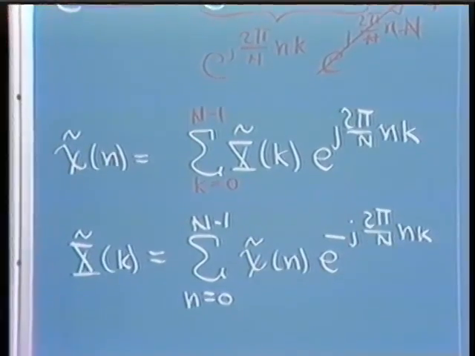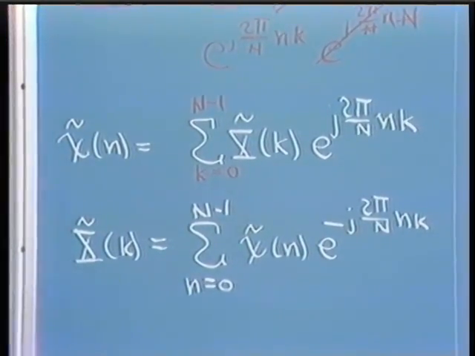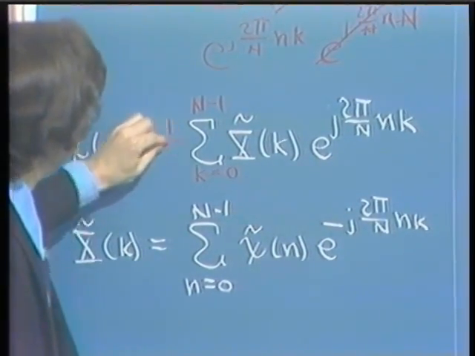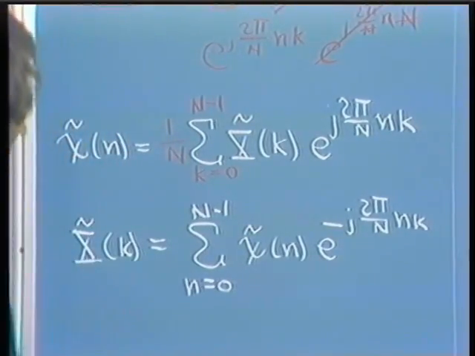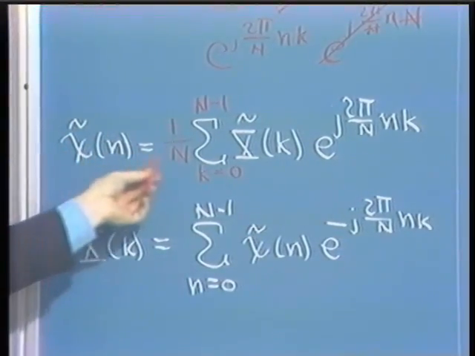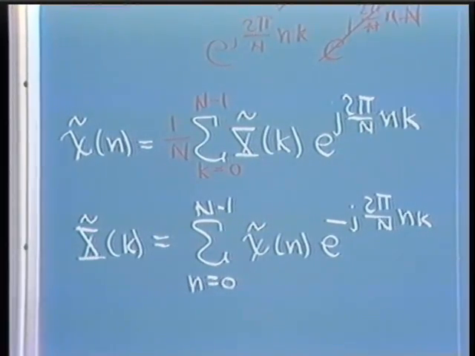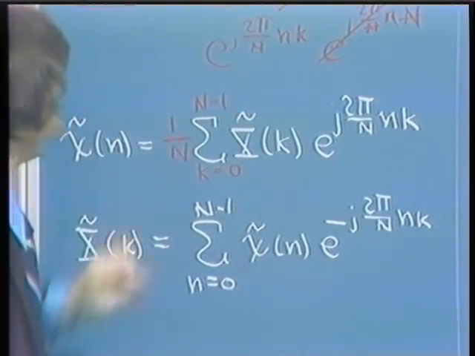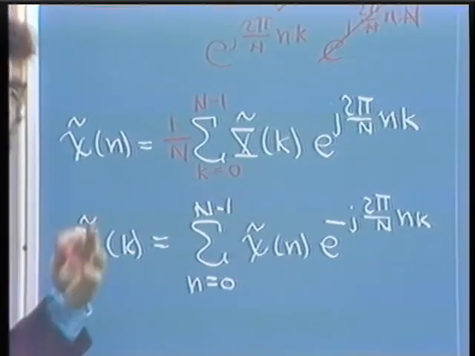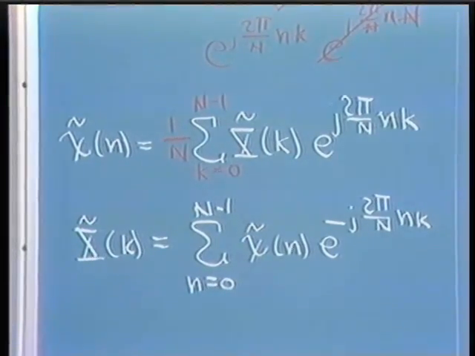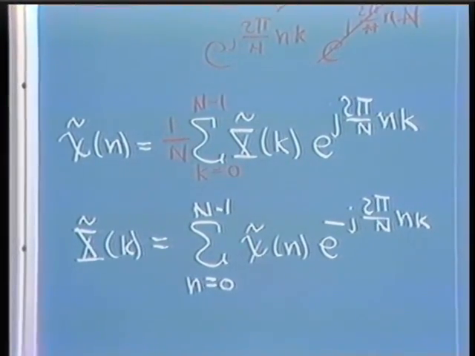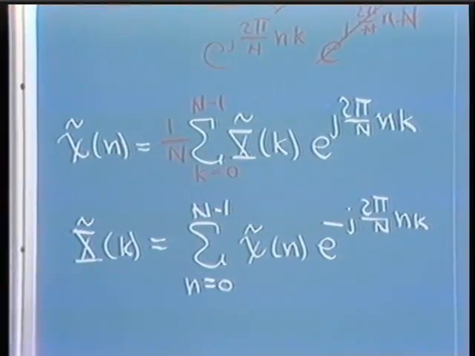There's one additional insertion that I'd like to make, and this is just simply a normalization factor. I want to multiply this by 1 over capital N. Obviously, that doesn't make any essential difference. It's just a factor for normalization, and it plays a role which is similar in the continuous time case to the role that 2 pi or 1 over 2 pi plays. All right, so here we have the discrete Fourier series.